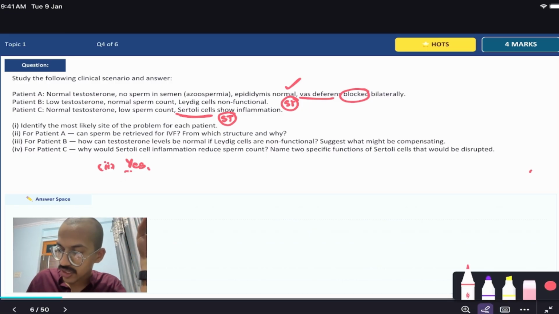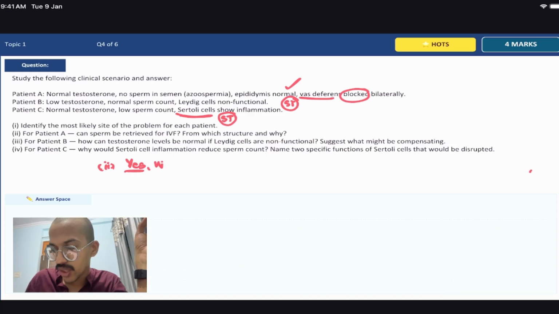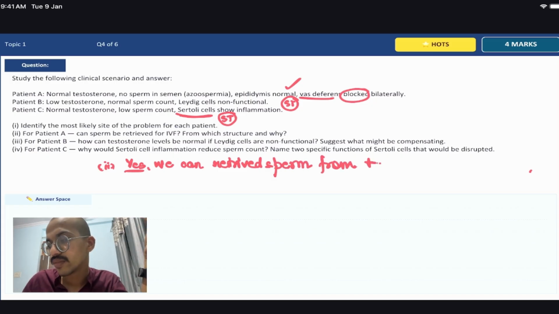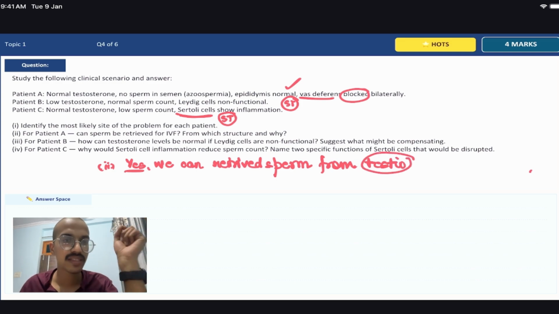So just underline that yes, we can retrieve sperms from which structure? Testes. Mark this up, not with a circle but with an underline, from the testes. And why? Because sperm can be used for the in vitro fertilization technique.